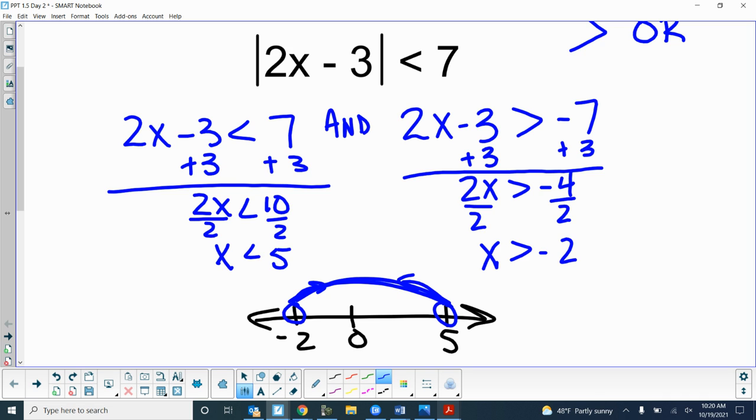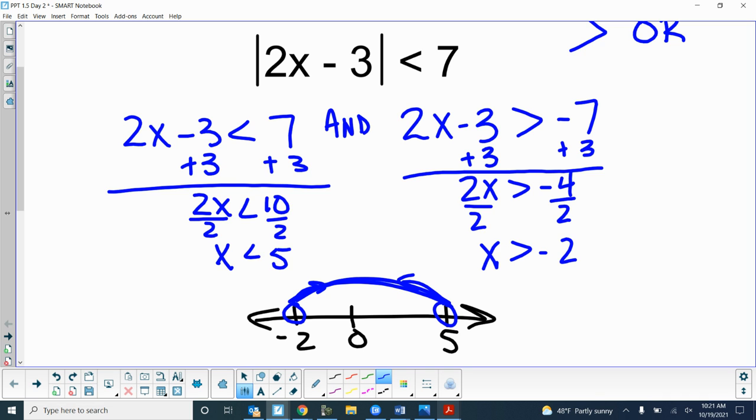If I pick negative 2 or less, or a positive 5 or bigger, and plug it in, it won't work in the original problem, okay? So we just drew a picture of all the answers. All right? Questions?